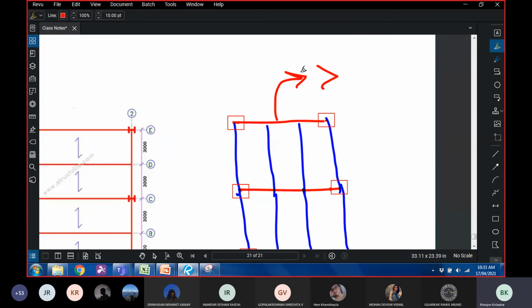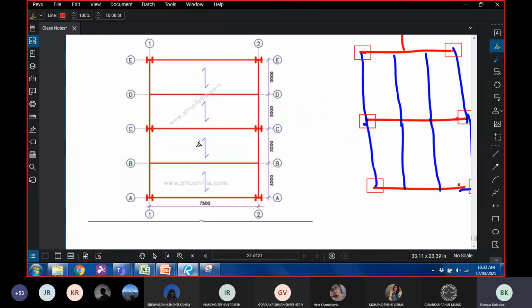But definitely, if you're going for this type of system, if your primary beam is along the longer span, you're going to get a greater dimension. So the thumb rule being all your primary beams should be along the shorter span. So this is a 7 meters by 7.5 meters by 6 meter span. So your primary beams are going to be along the shorter span, and then the secondary beams are going to be along the longer span.